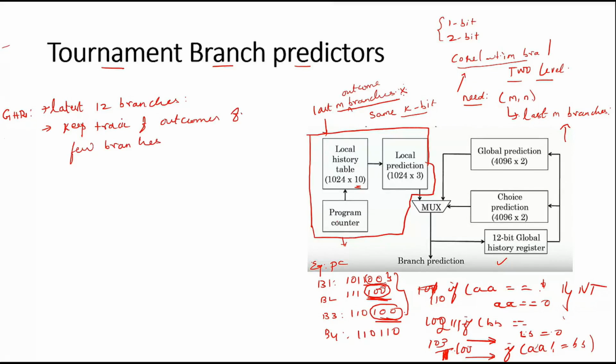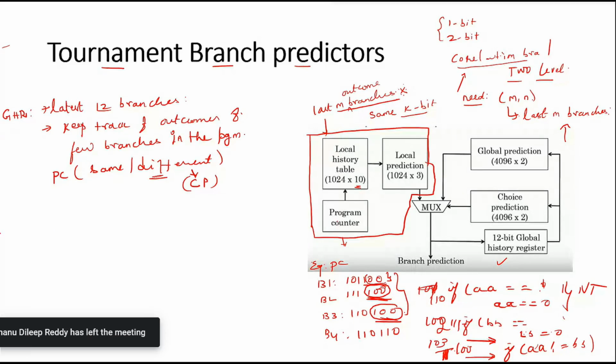The maximum is 12; it may be 3, 4 or whatever it is. The most important point is that with respect to PC, it may be the same or different. This is where it differs from the correlation predictors, where it should have only the same PCs, but here it is not the same.